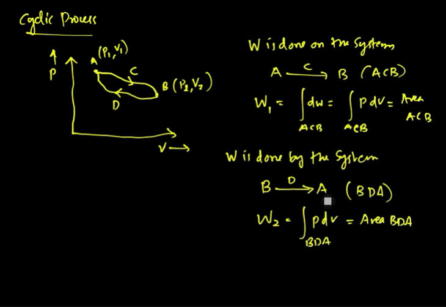Now, if you calculate the net work done on the system, W, which will be W1 minus W2, it is the area enclosed by the loop ACBDA.